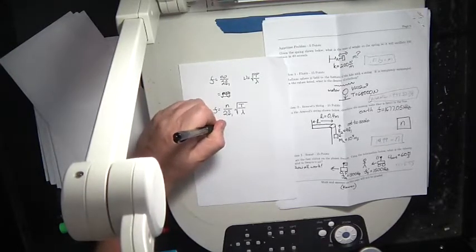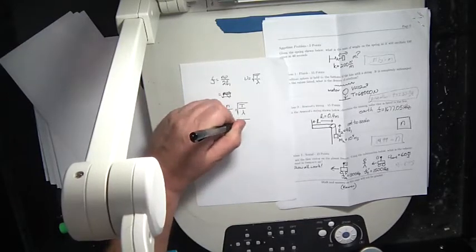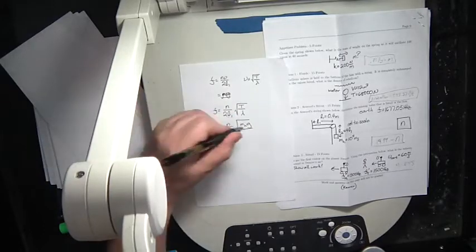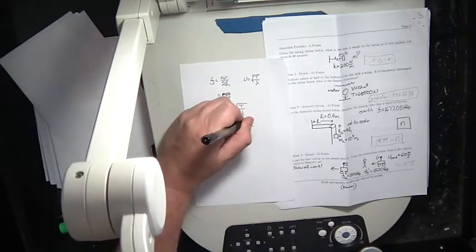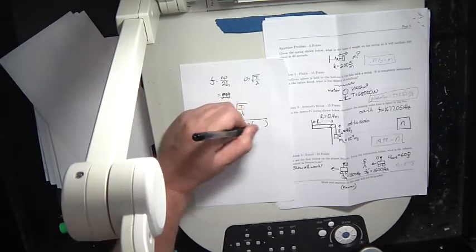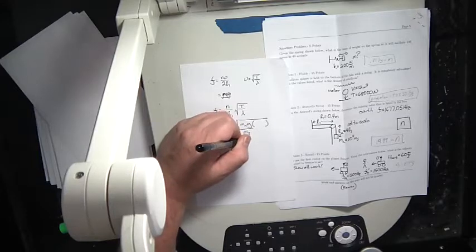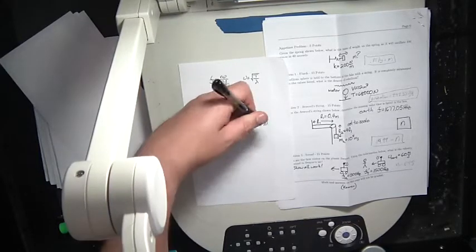So this becomes N over 2L1 times the square root of the mass that's hanging times gravity over the mass of the string over the total length. L1 plus L2 would be in the denominator of the denominator, so it gets kicked up to the numerator, and it looks like that.